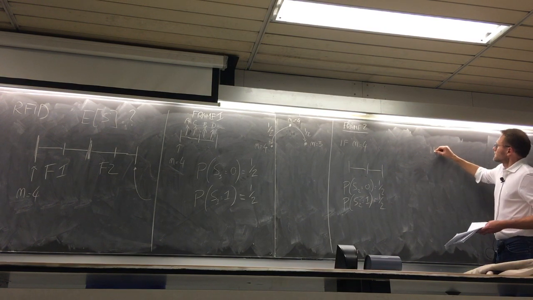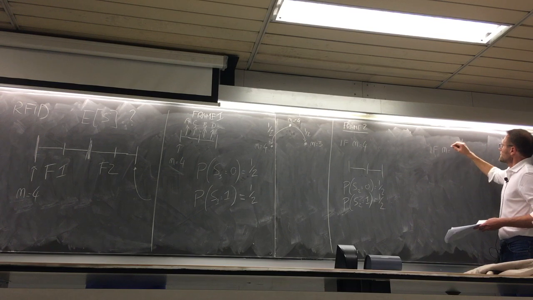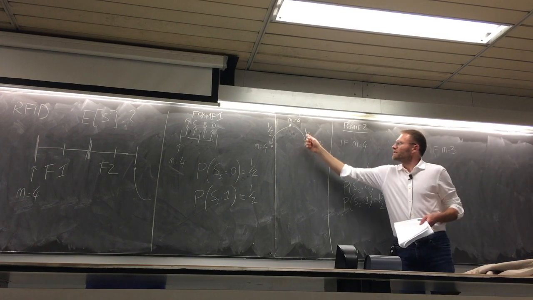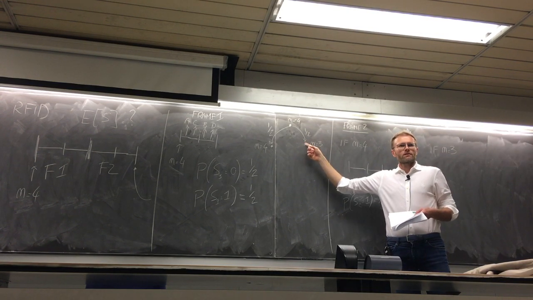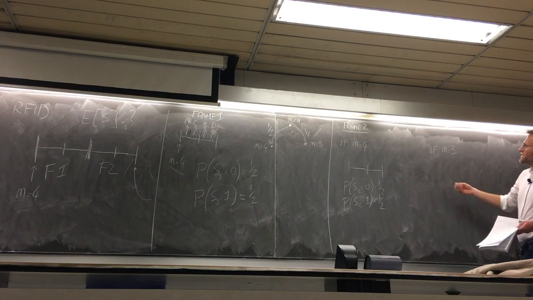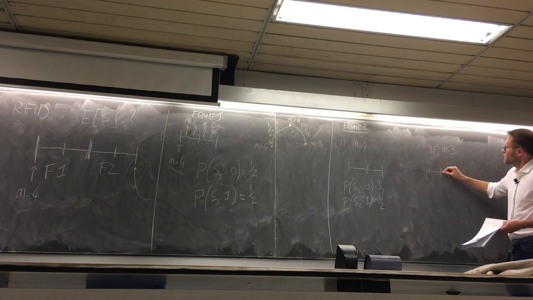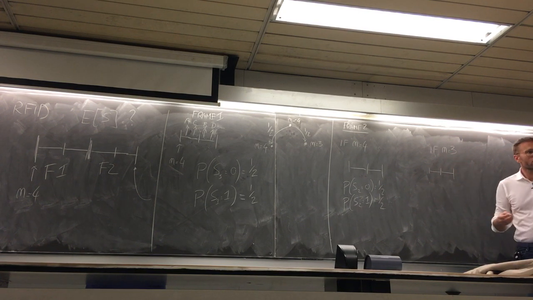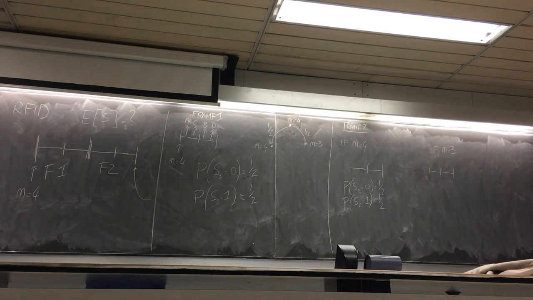If n is equal to 3, so if we travel this path after the first frame, there's a difference. We still have a second frame composed of 2 slots, but we have 3 tags that are competing for these 2 slots.